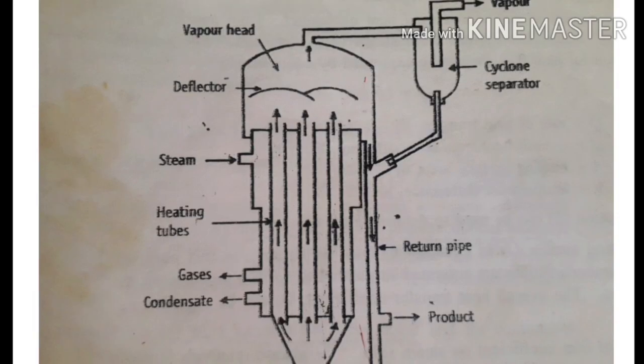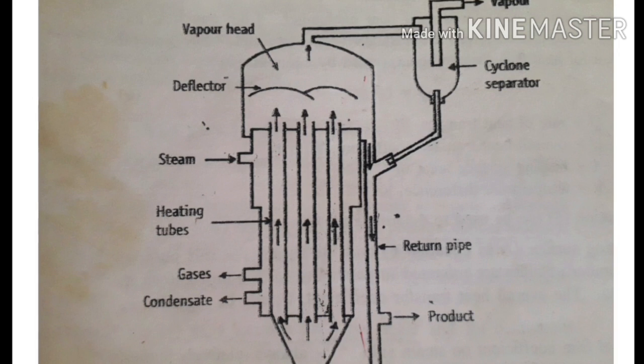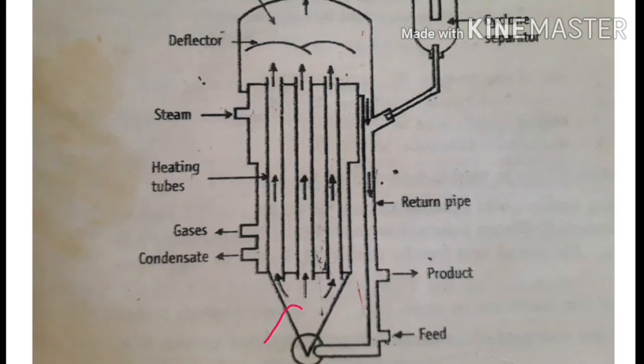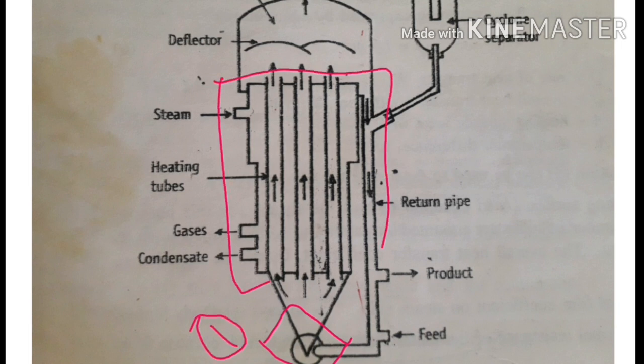Here you can see the figure of forced circulation evaporator. Let's see what are the important parts present in a forced circulation evaporator. Here you can see a pump. So a pump is there and a steam compartment.